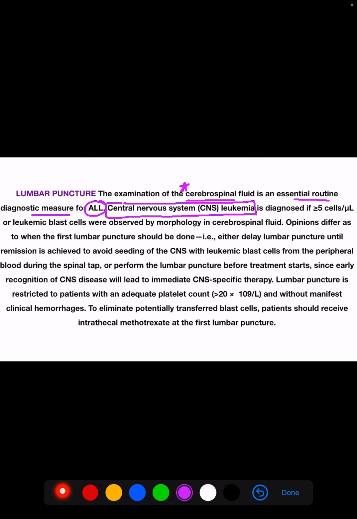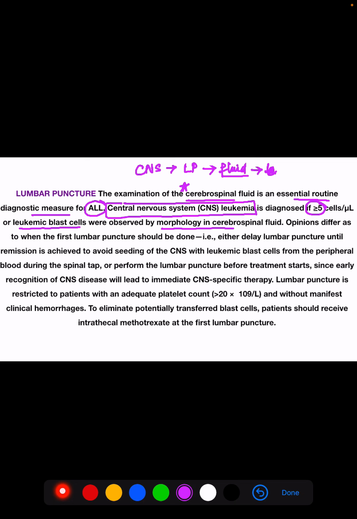We can say so if there are greater than or equal to 5 cells per microliter or leukemic blast cells observed by morphology in the CSF. To detect CNS leukemia, we have to do a lumbar puncture, and in the fluid, we have to observe for leukemic blast cells or greater than 5 cells per microliter.